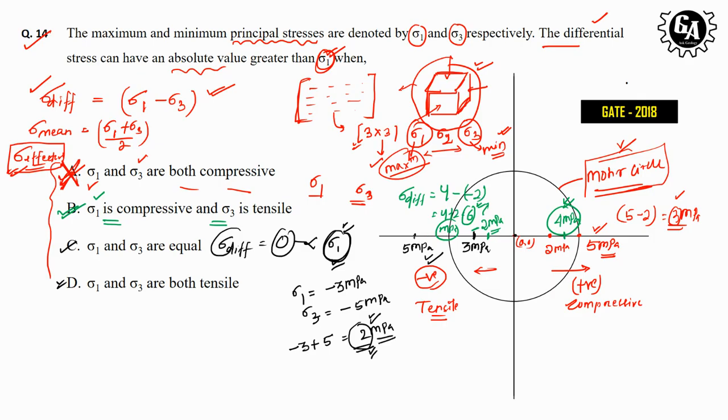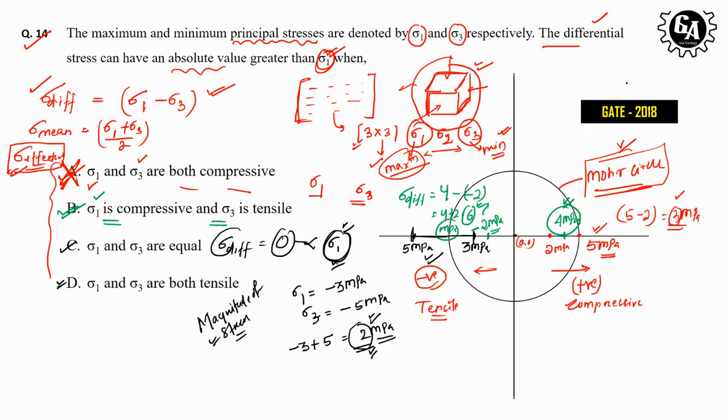Now you just think, if both are tensile, how will you generate the differential stress to be positive in this compressive region? So it is not possible, first thing. And second thing, always remember that the magnitude of your stress cannot be zero, or cannot be negative.